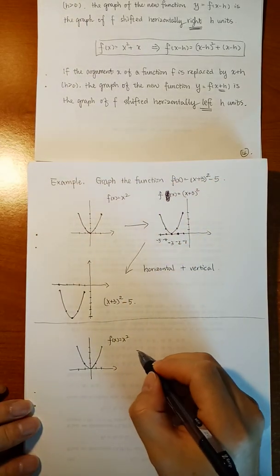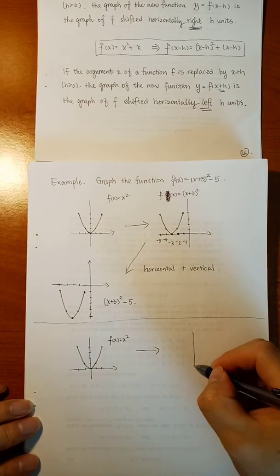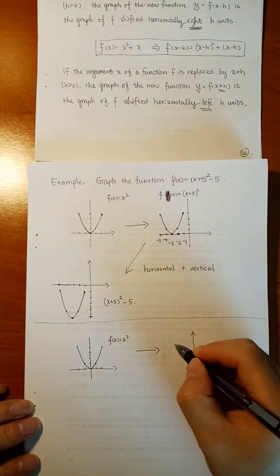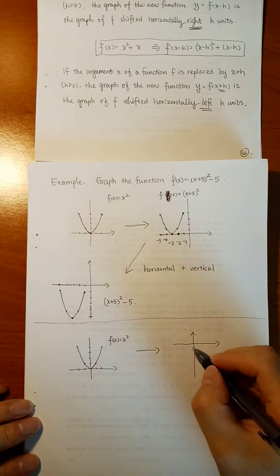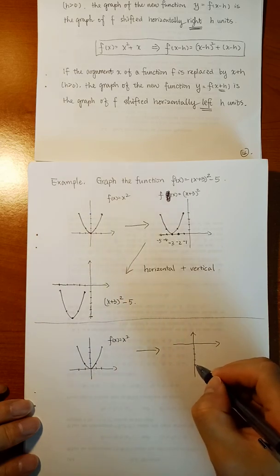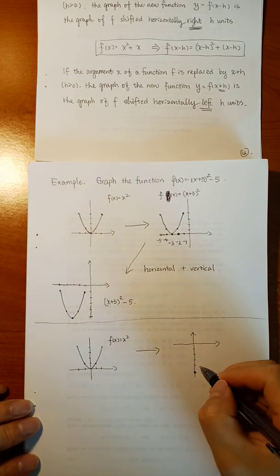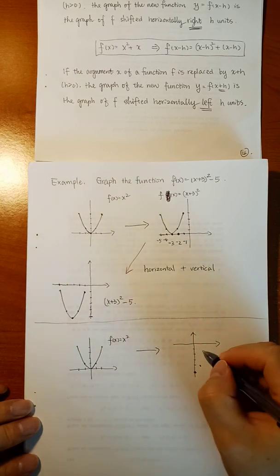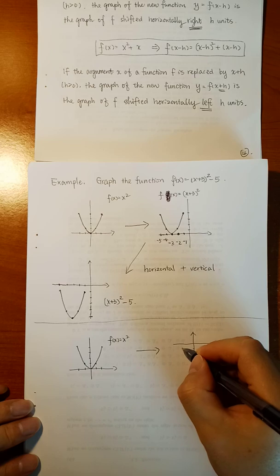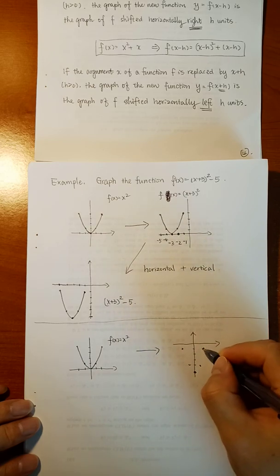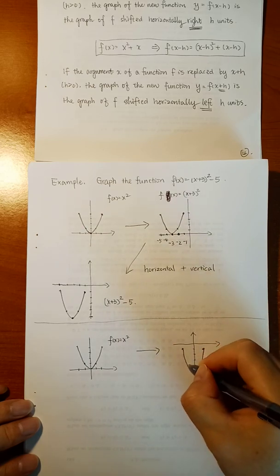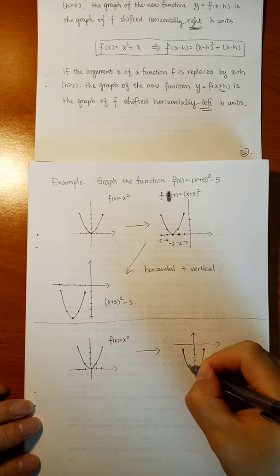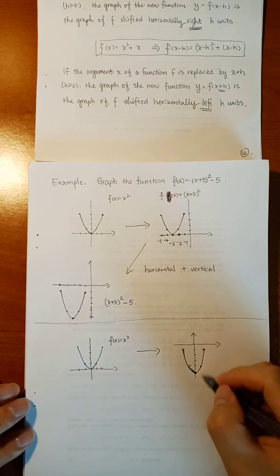Now let's try. We shift 5 units down. 0 is shifted to negative 5. 1 is negative 4. 4 is negative 1. Okay, that's the first part.